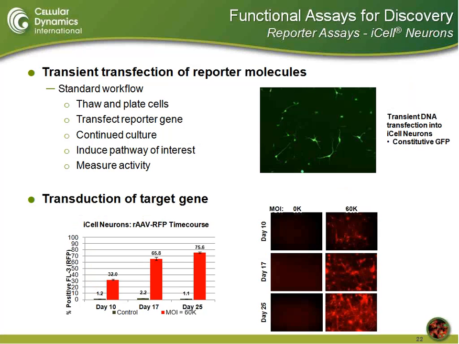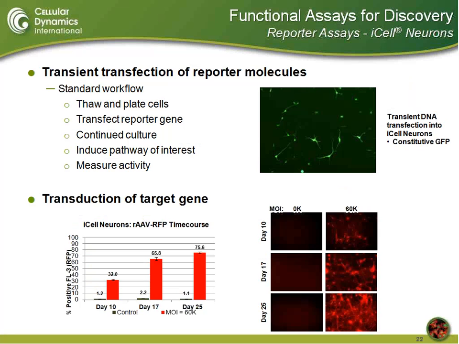We have also looked into transiently transfecting and transducing our iCell neurons, which would be of great interest for anyone looking to introduce reporter genes or other genes of interest into our cells. And we can see from the image at the top that we are able to transfect our cells with GFP. This will follow a very standard workflow of thawing and plating our cells, transfecting with the reporter gene, and inducing and measuring the activity.